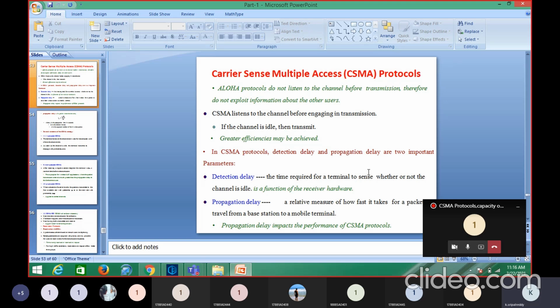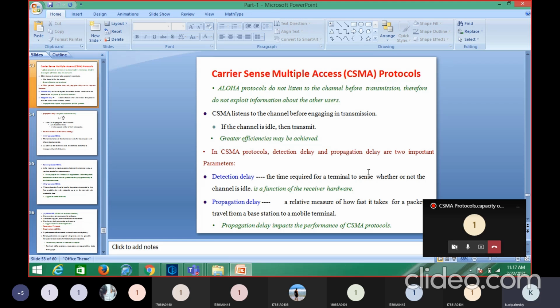It checks whether the channel is free or not. The time required to sense the channel about its busyness is the detection delay, and it is a function of the receiver hardware.